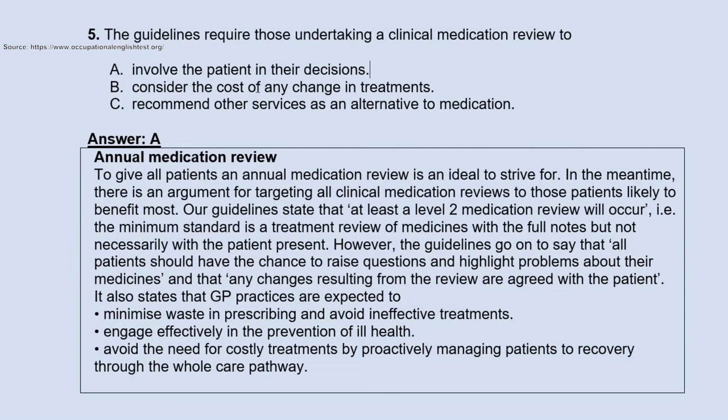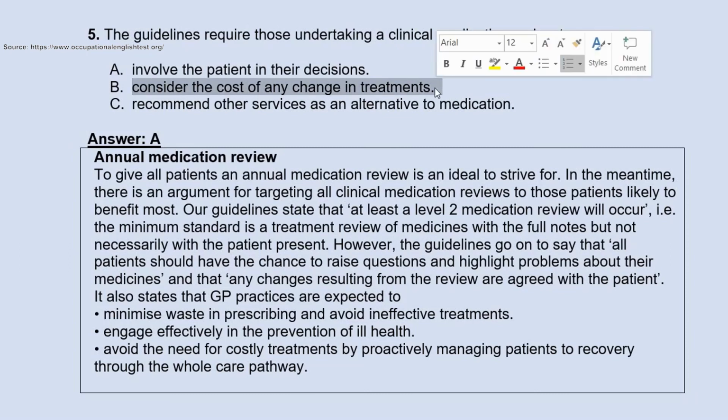Now option B, consider the cost of any changes in treatments. This is a wrong option because in the extract there is nothing about considering any cost of any changes in the treatment.